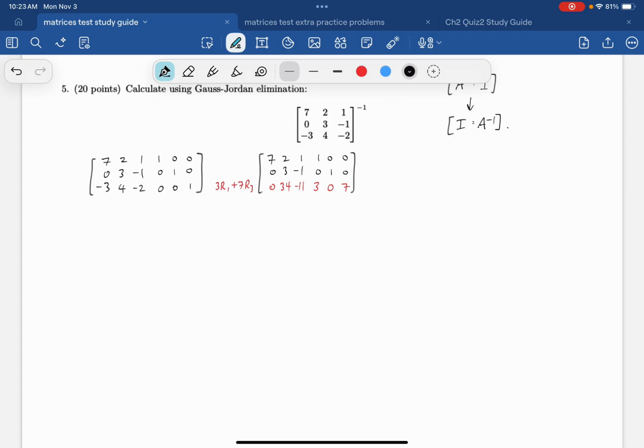Okay, next step is to get rid of the 34 there. So that means that I'm going to change the bottom row to 34R2 minus 3R3. Okay, that leaves me with 7, 2, 1, 1, 0, 0. Then 0, 0.